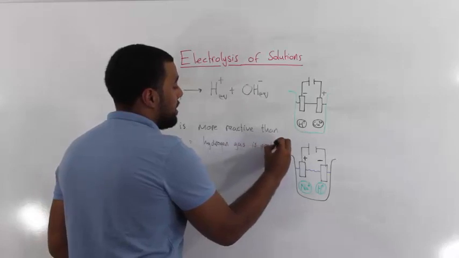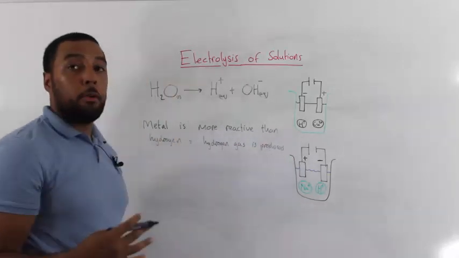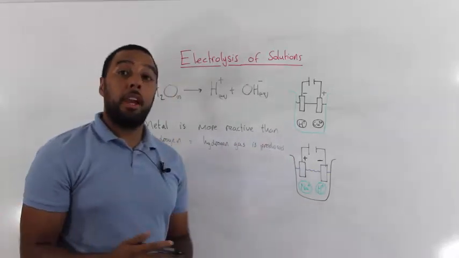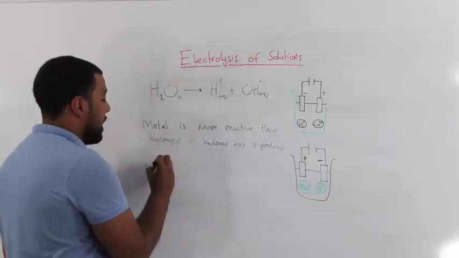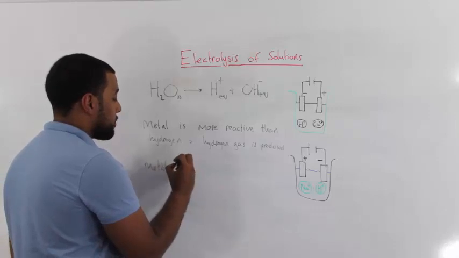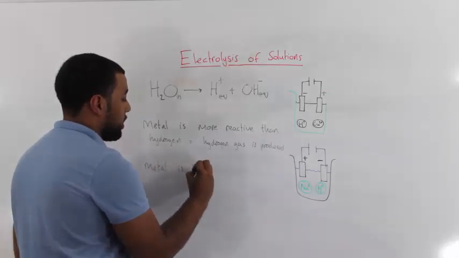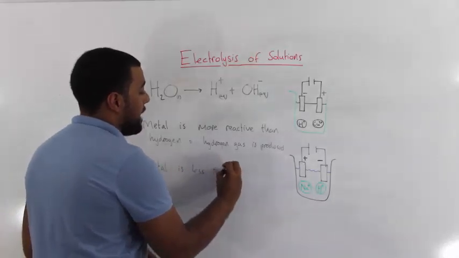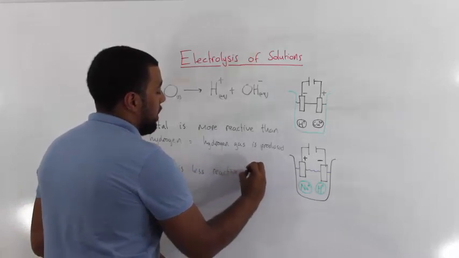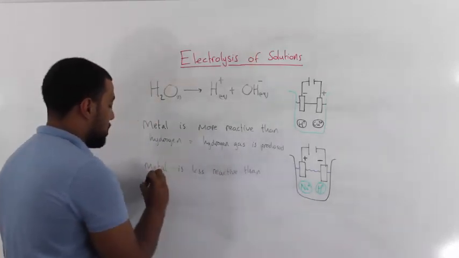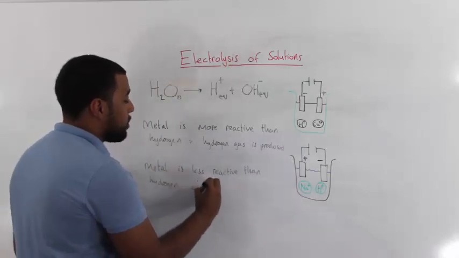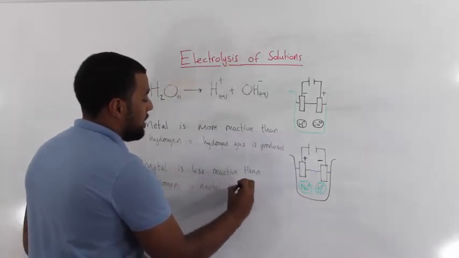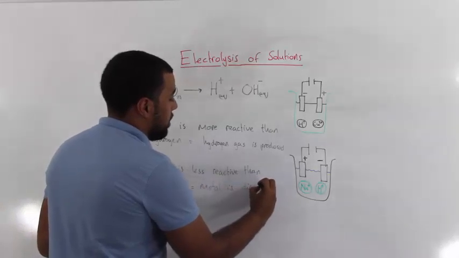And we will start to see bubbles forming at the negative electrode. But if the metal is less reactive than hydrogen, then the metal is discharged.